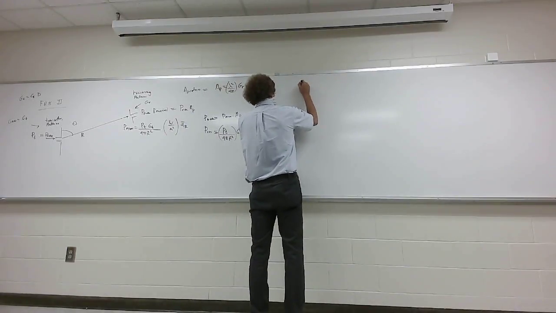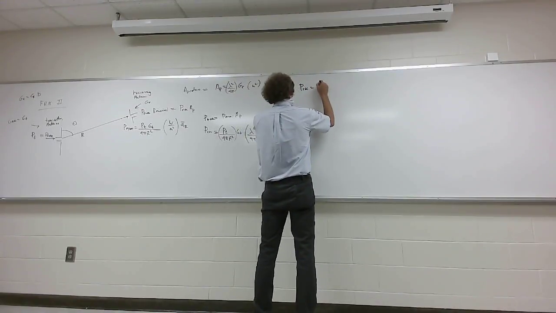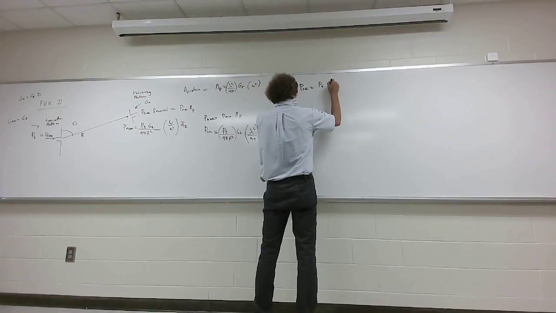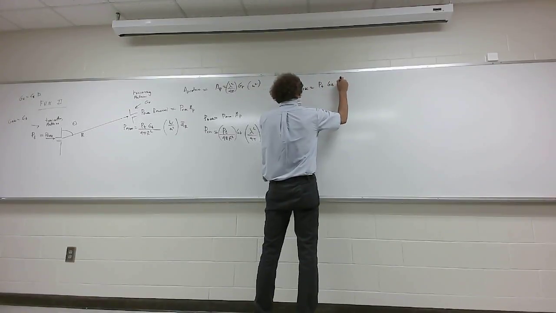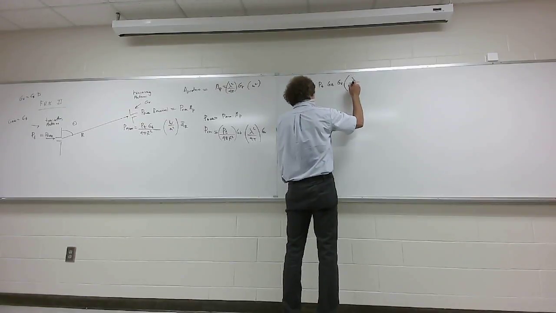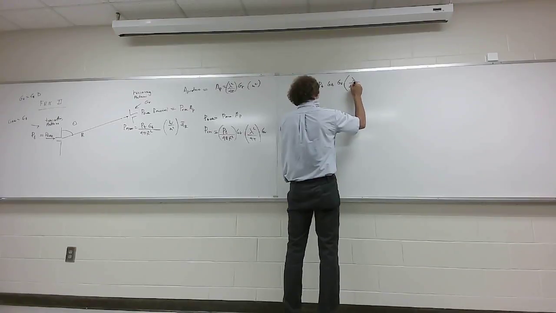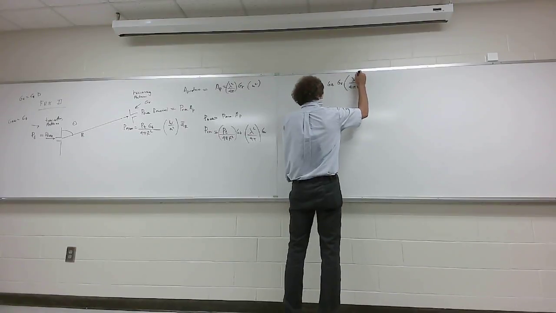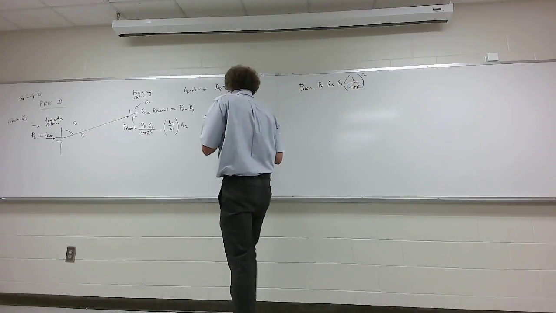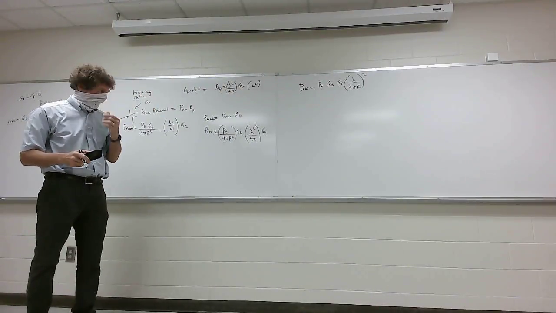The way this is usually stated is equal to P transmitted times gain of the transmitter times gain of the receiver, and then you'll see lambda over 4 pi r, and this whole thing will be squared. Now please just realize this is just a compact way of writing this right here.